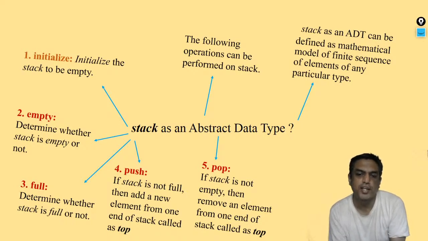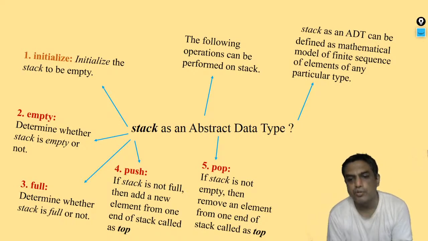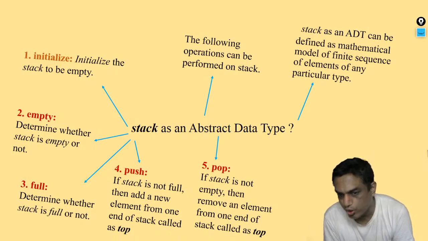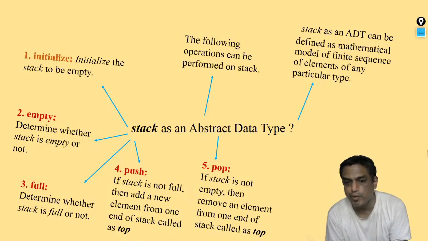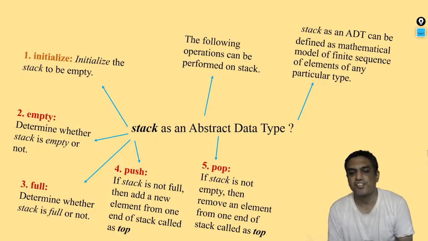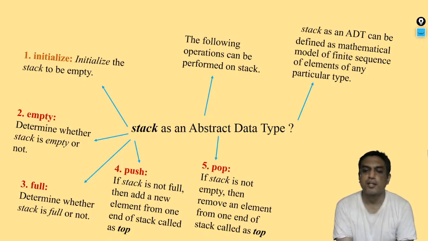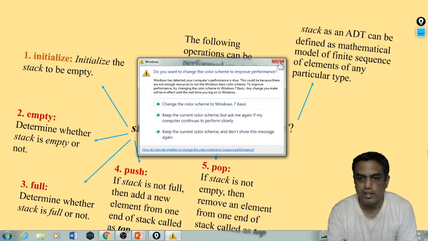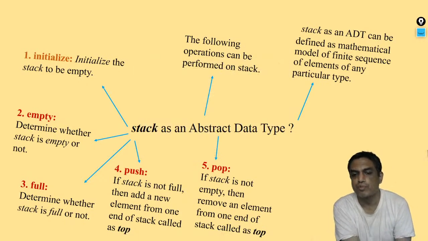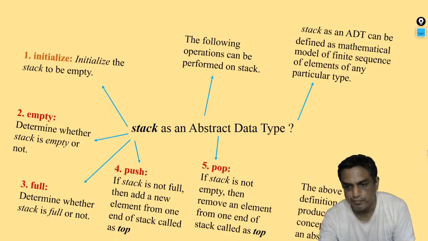So before removing an element from the stack, you have to check whether your stack is empty or not. So what is the pop operation? The pop operation first checks whether the stack is empty or not, then removes an element from one end, called the top.